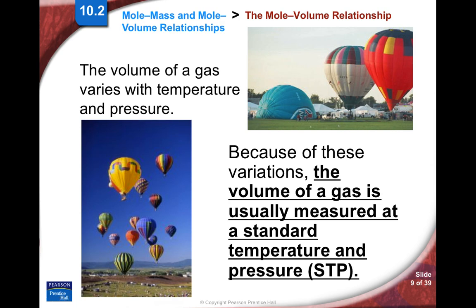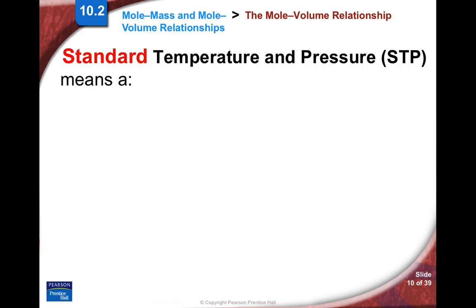Again, because the volume of a gas changes with temperature and pressure, we had to kind of standardize it. So this little thing, write this down, STP, standard temperature and pressure, is the set of conditions you have to memorize, basically. So STP, what is that?